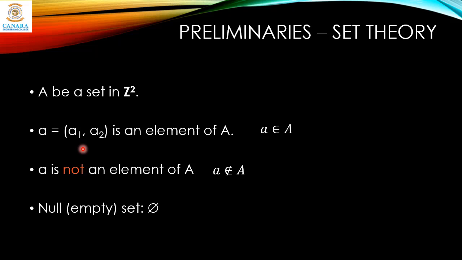And a = (a1, a2) is an element of A, where a belongs to set A. So this is the belongs to notation that you are aware of. And if a is not an element of A, then we write it as a does not belong to A using this symbol. And the null empty set is denoted by this symbol.